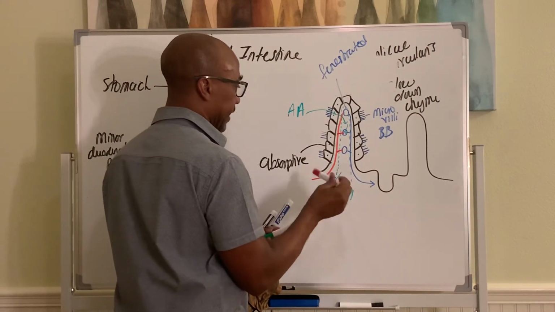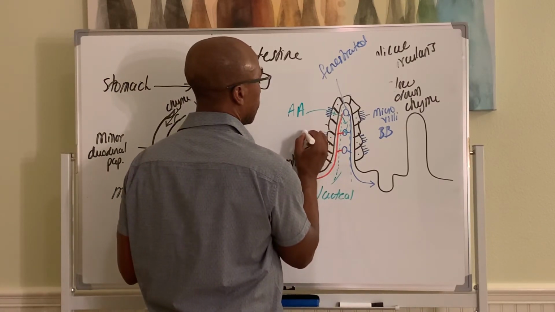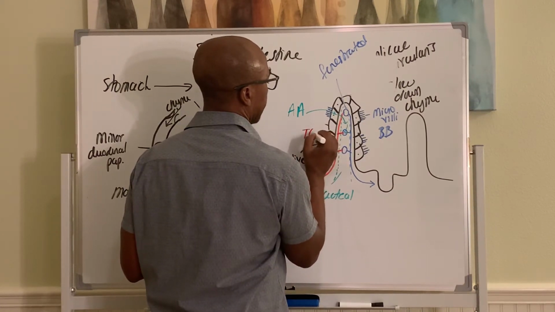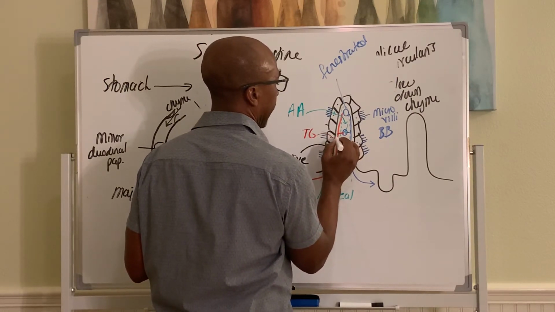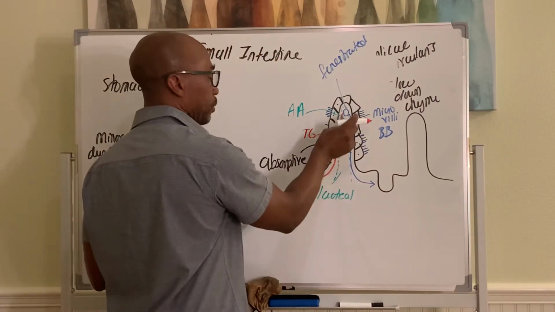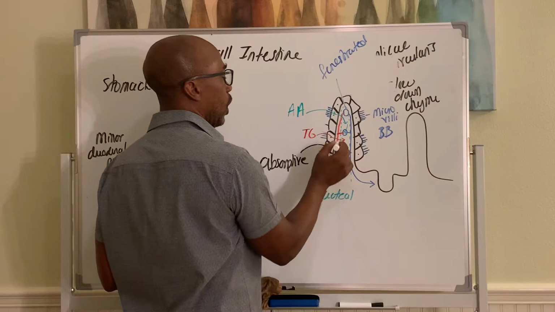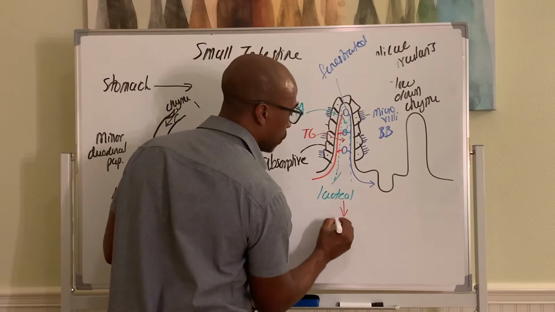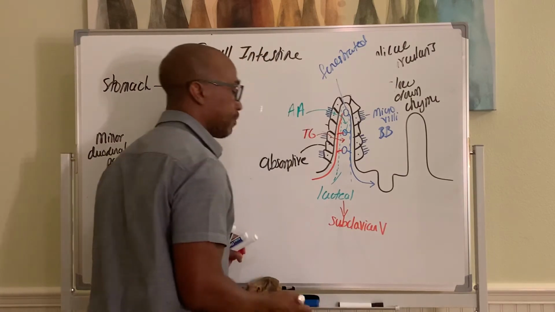Whereas your fats, your triglycerides, will come in and eventually find their way into the lacteals. And then it's absorbed that way. So your capillaries are mostly for amino acids and your carbohydrates, while the lacteals are for the fats. Lacteals will dump the fat back into your subclavian vein, thereby getting it back into the blood.